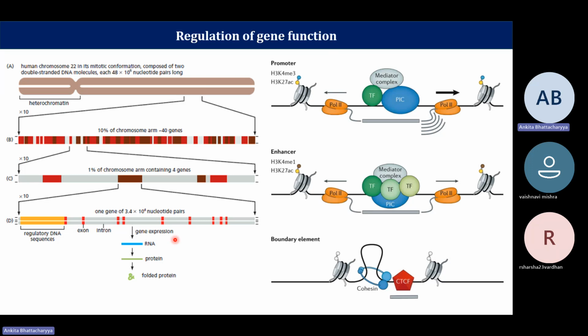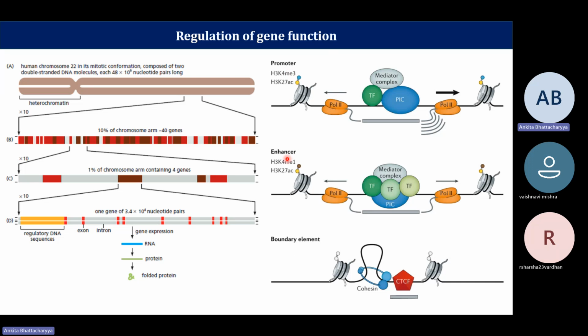Within that one gene, it has around 3.4 times 10 to the power 4 nucleotide pairs, most of which are also introns that get removed. Exons join up and encode for the RNA that produces protein and finally undergoes folding to execute its function. So a huge recap of all that happens within the cell.